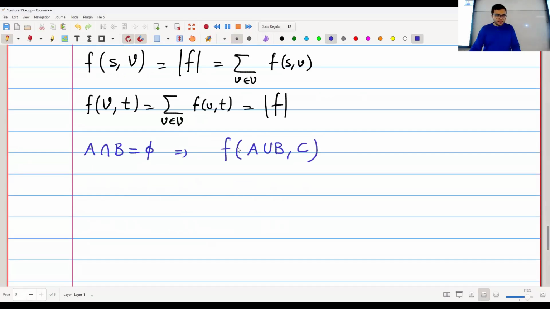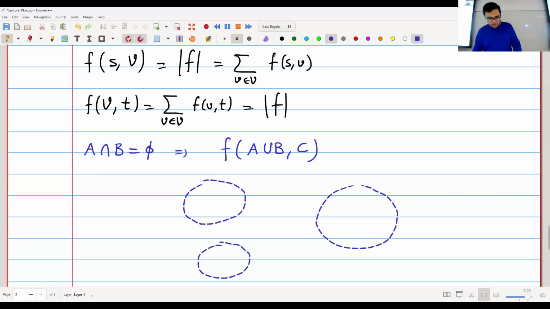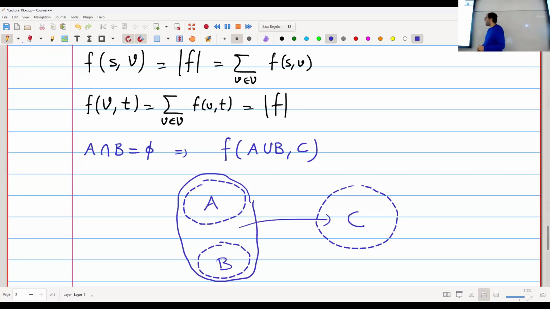So I have three sets. I have one set here, and I have two sets here. So I have A, B, and C. I'm saying what is the total flow from the union of A and B to C? And A and B are disjoint from each other.